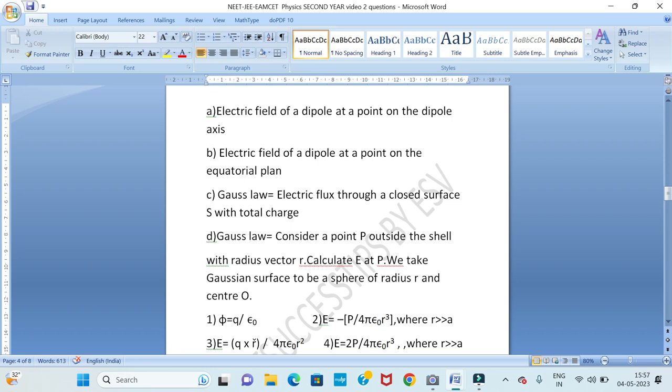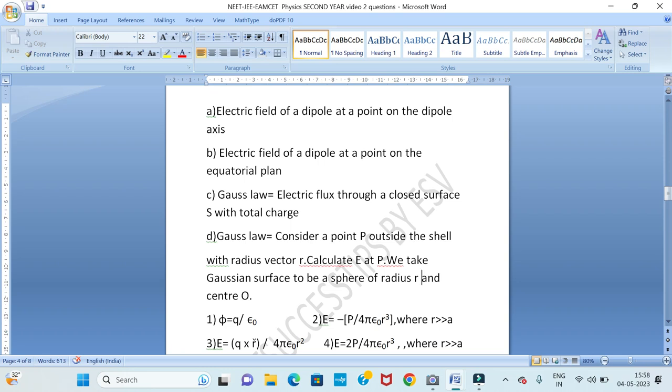Next, sphere. If you take a sphere, E is equal to Q into r by 4 pi epsilon 0 R squared. Here you remember, here r cubed, here R squared, same 4 pi epsilon. After the previous formula comes this one, for a sphere of radius R, where I have multiplied with Q into r.